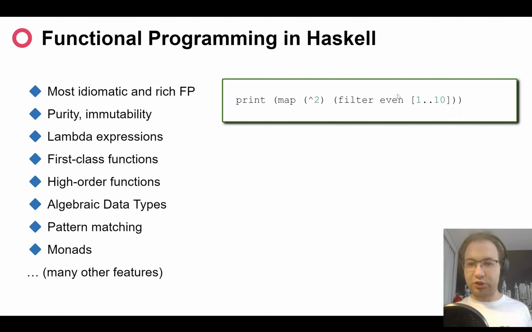Even is another function, and so filter accepts even as a function and a collection, and then produces another collection. Again, map is that function we know about. It gets a function again. This is a function of squaring, and gets a collection from here, and print gets the result, this time a collection again. So we can write one-liners or tree-like expressions with functional programming.